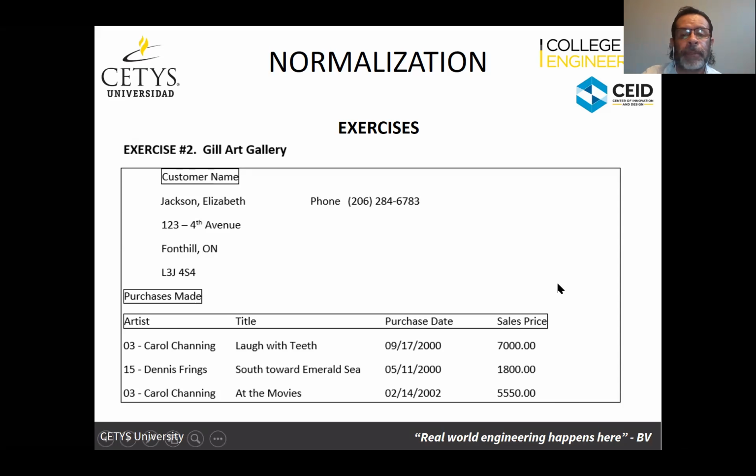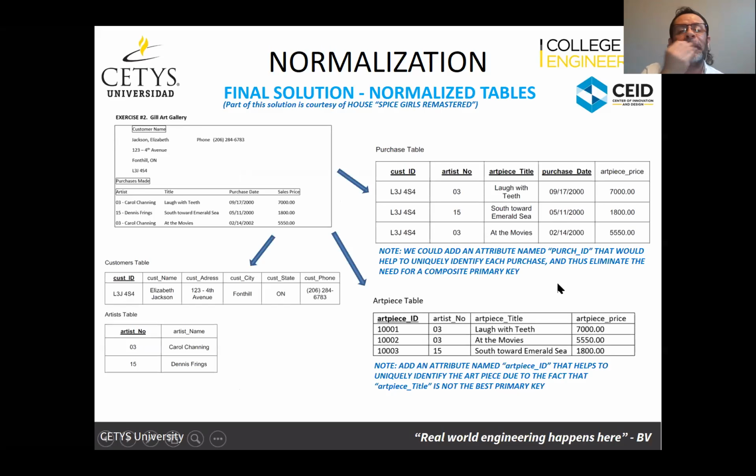reflected on the table. So coming back over here, I also took the liberty of doing some copy paste from Spice Girls Remastered. Remember that whenever you reference something, put the reference there. So that's why I'm putting it there. And so we identify a customer table where we've got our customer information and customer ID.